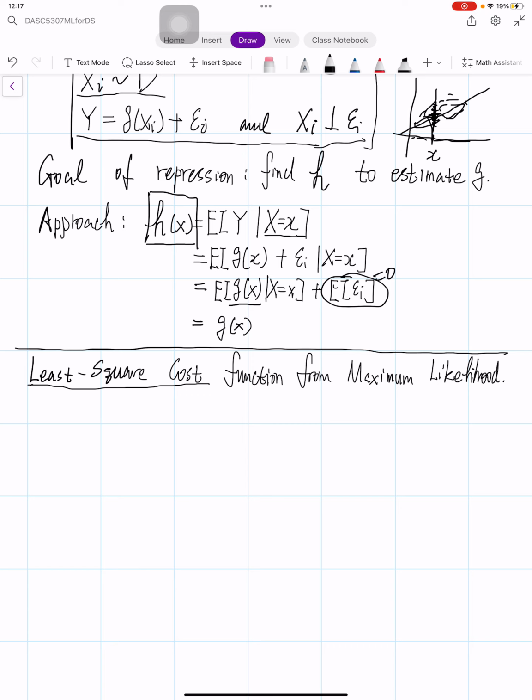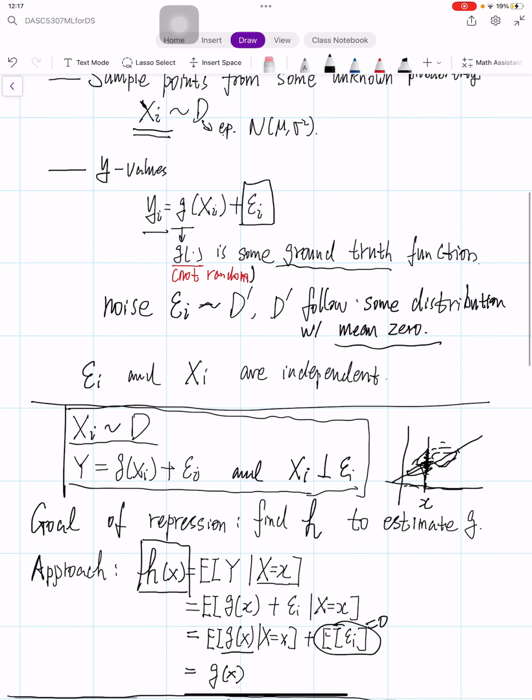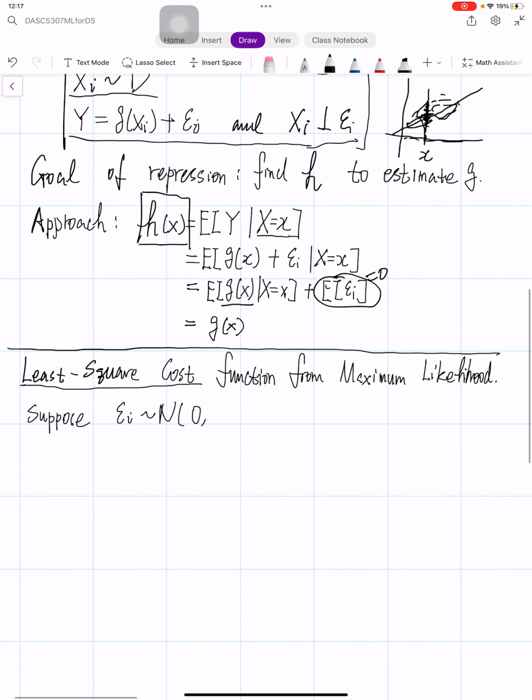It is because in the regression problem we assume those error terms, the noise, follow a normal distribution with average 0. Remember, the big picture is we assume this epsilon i follows some distribution with average 0 because it represents noise.